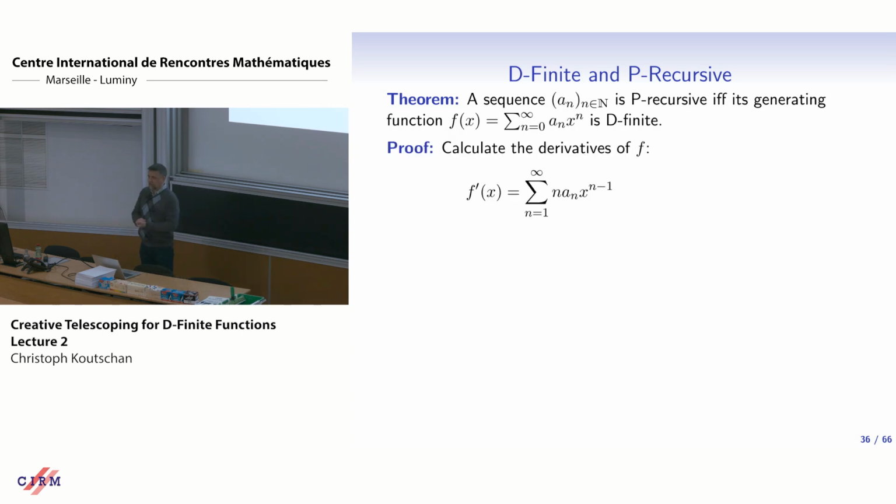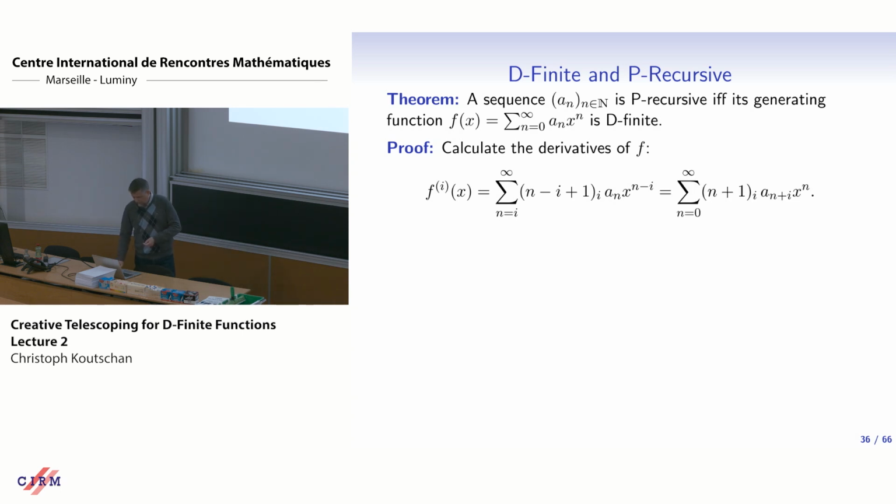Let's do a quick proof that is just rewriting. So you look at the derivatives of f. You differentiate this generating function and you get this. If you do this many times, you get something a little bit more complicated. You get here factors that I have written using the Pochhammer notation. Well, okay, you can shift this, then it becomes a little bit nicer.